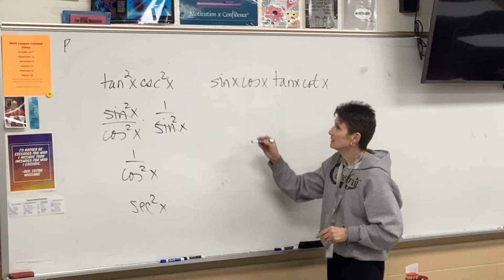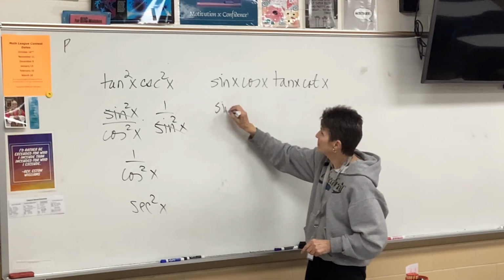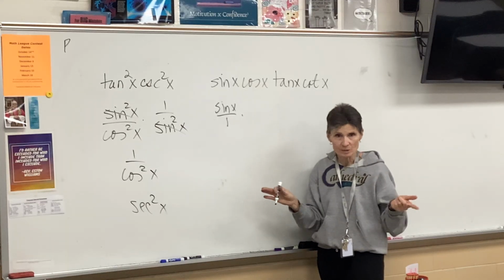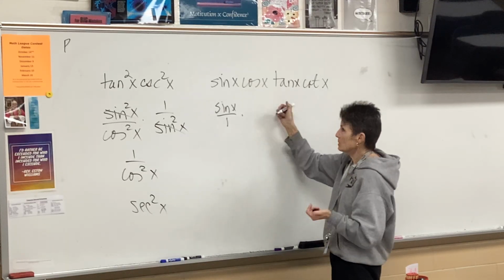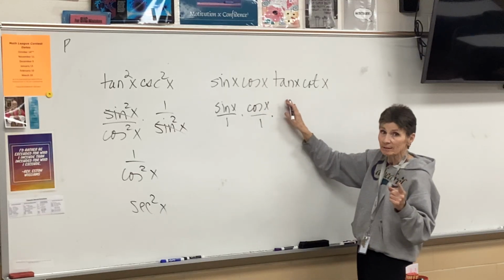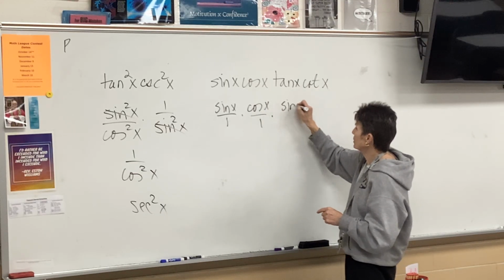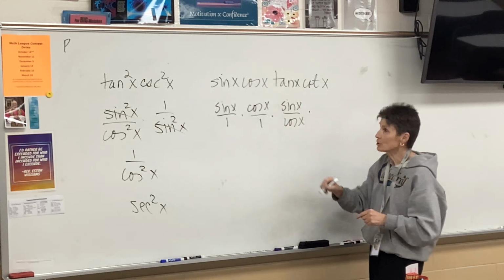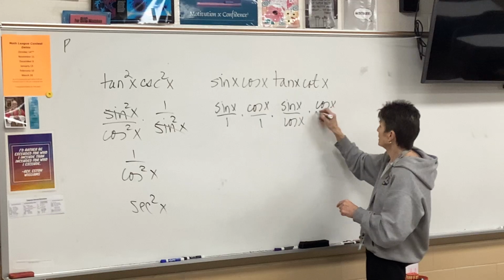All right, let's try this one. Same thing. This is sine over 1. Remember, we cannot do anything with sines and cosines. Cosine is just cosine. But tangent is sine over cosine. And cotangent is cosine over sine.